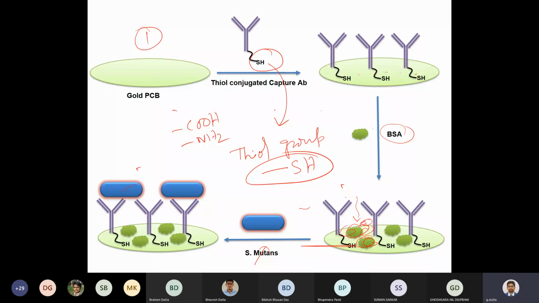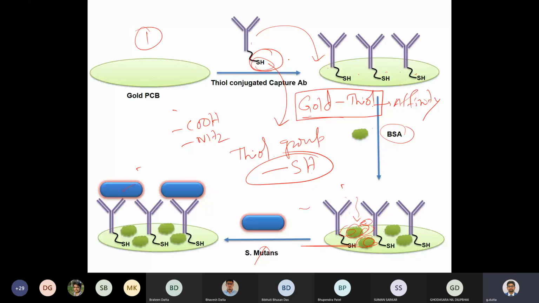So if your antibody contains a thiol group SH, and you drop it on the gold surface, gold and thiol have a very strong affinity. So if your antibody is already conjugated with thiol and you drop it on the gold surface, they will bind easily.